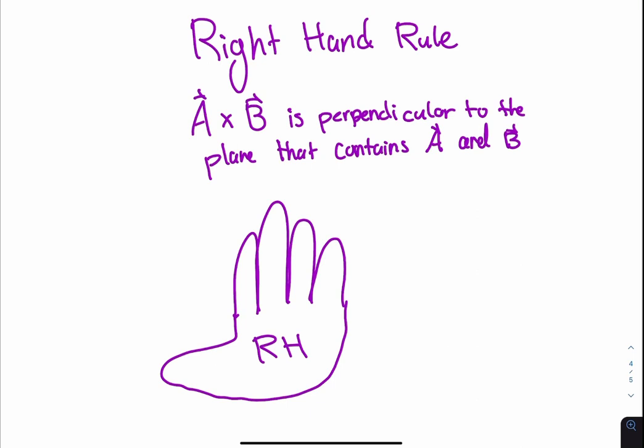The right-hand rule states that if you point your index finger in the direction of A and your middle finger in the direction of B, your thumb will naturally point in the direction of A cross B. And that will either be into or out of the page, given that A and B are on the xy axis. This sounds kind of arbitrary, but it does work every single time, as long as you're using your right hand.